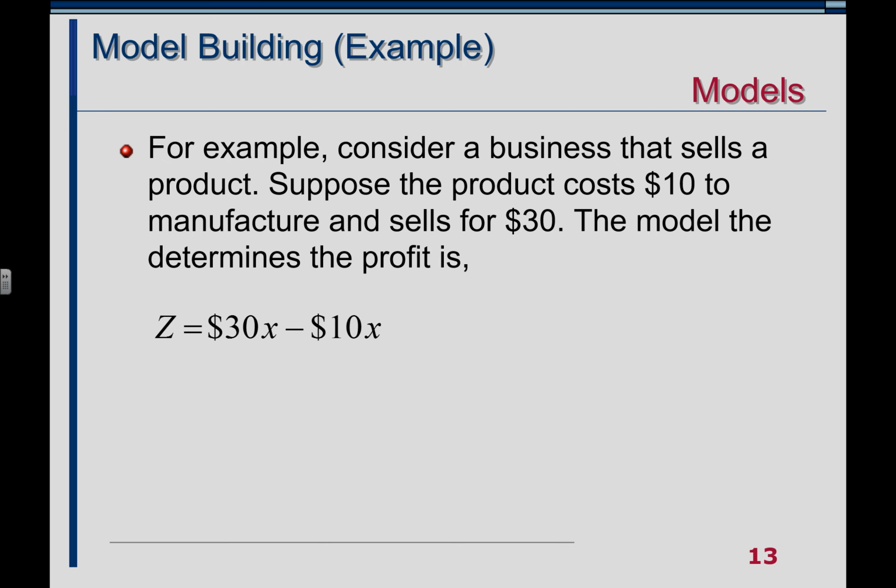But just about all models, you say Z equals something, and Z is known to be your objective function. So Z will simply equal 30 times X minus 10 times X, or 20X. But this very simple model defines your profit because you're selling the products for 30 and it costs you 10 to make, so you're making $20 per item.